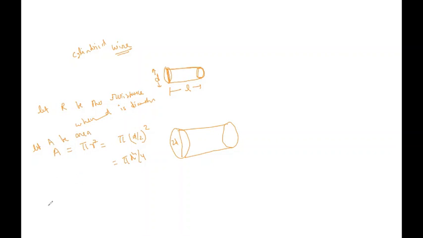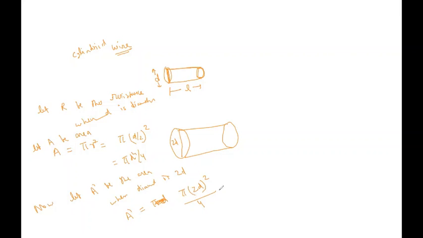Now in the second case, let A prime be the area when the diameter is 2d. So what is A prime? We can do it directly, right? Pi (2d) whole square by 4.